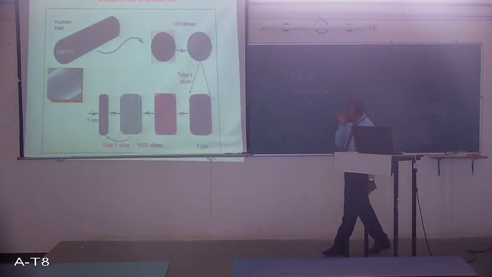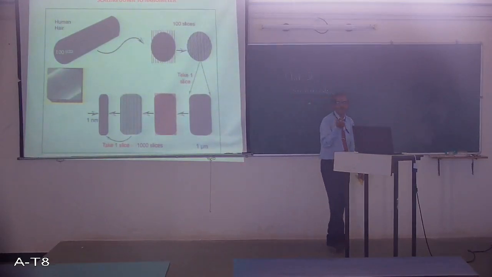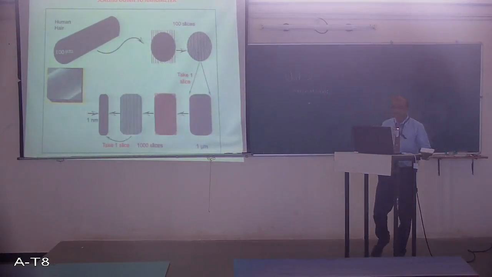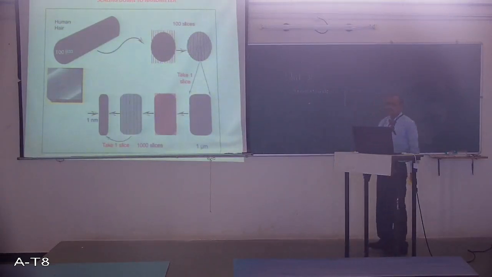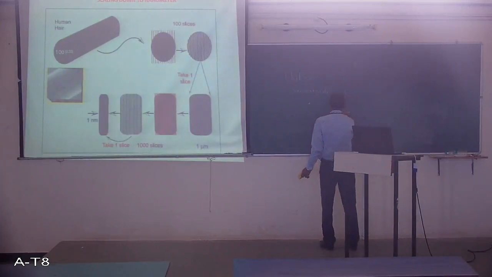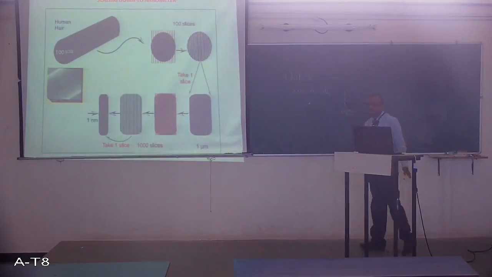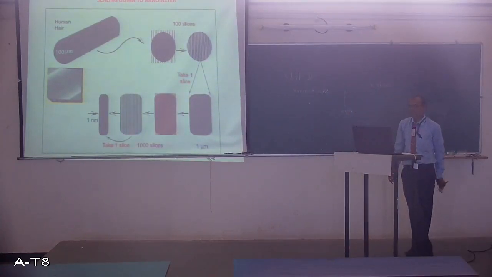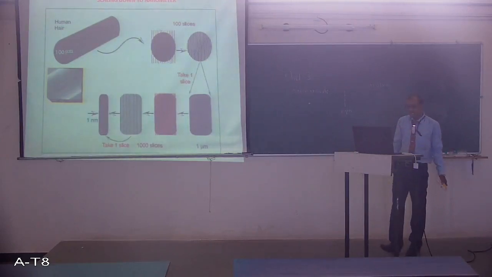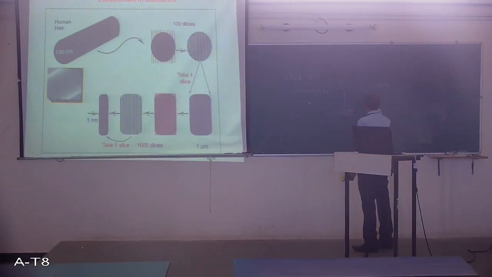Now can you imagine what the 1 nanometer dimension of matter is? As you all know, the diameter of one human hair is 100 micrometer. If you make 100 slices of one hair, one slice gives 1 micrometer.